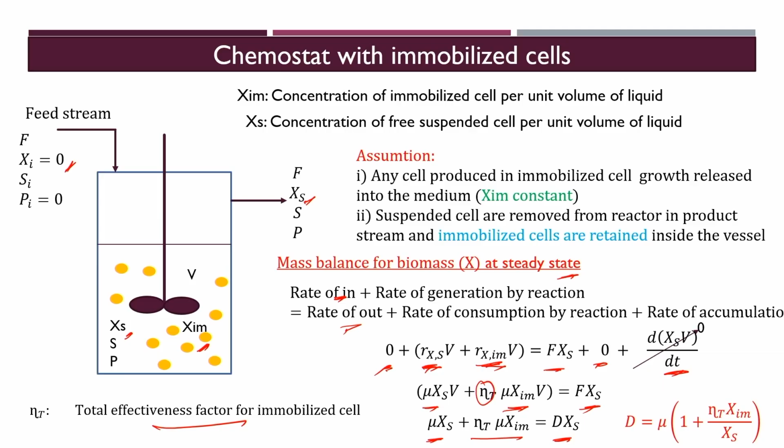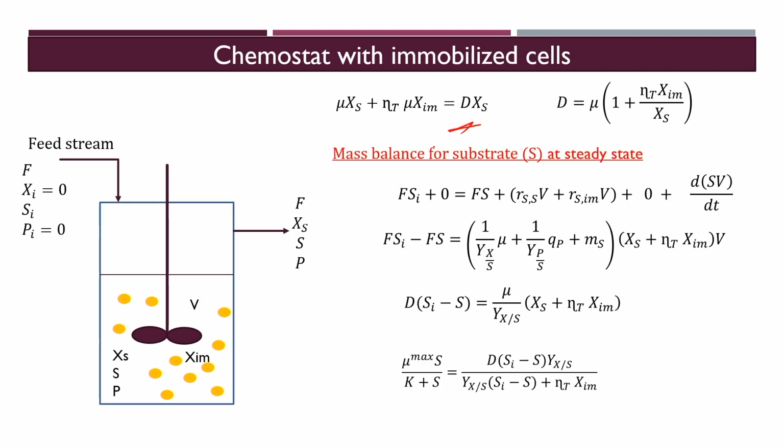Now, what is D here? D is mu times (1 plus eta t X immobilized divided by Xs). So, if X immobilized is 0, then D is equal to mu, the chemostat with free cells.